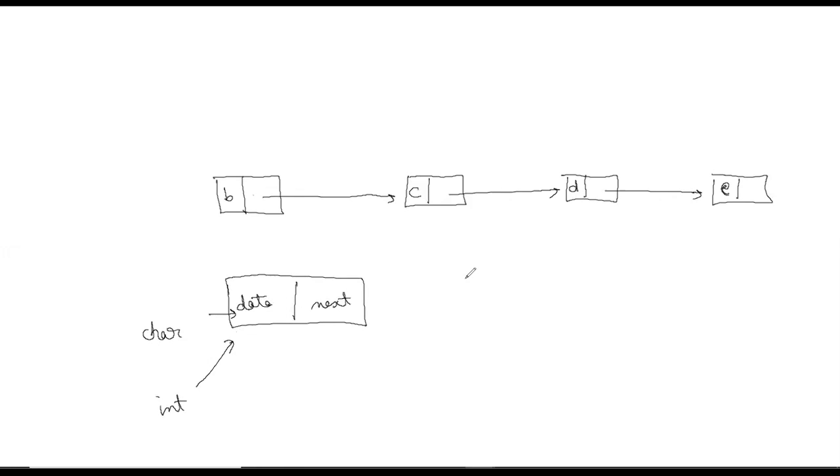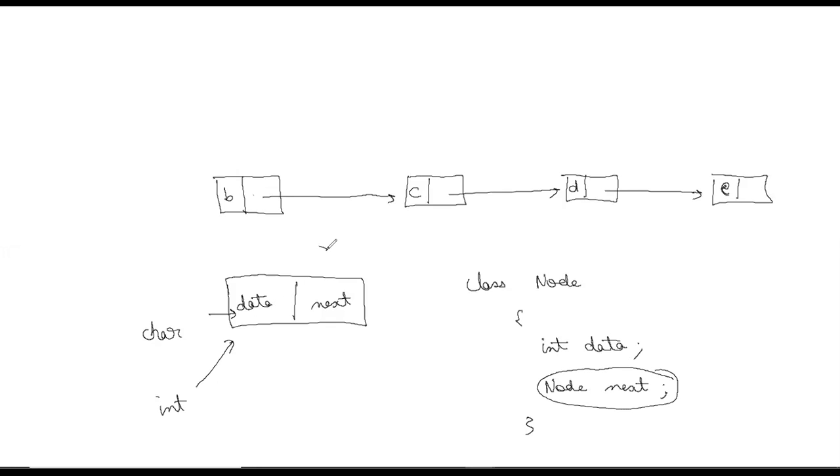Now how will we represent a linked list in a class, in terms of code? Let's say we have a class called node. In this class there will be two variables, or two instances. One will be int data and the other will be, focus here, node next. Why are we storing it?